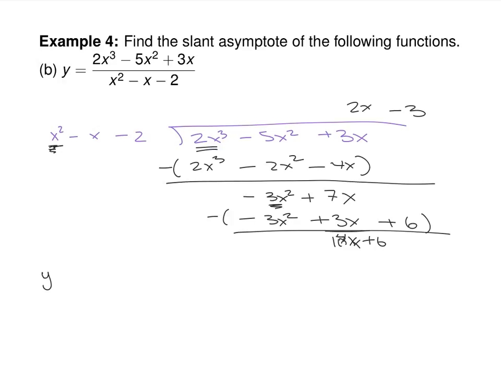So your y is equal to 2x minus 3 plus 4x plus 6 over x squared minus x minus 2. Minus the plus 6, wouldn't it be negative 6? Oh, yes, it would. Thank you. Those should have been minus 6s. Yep, yep.